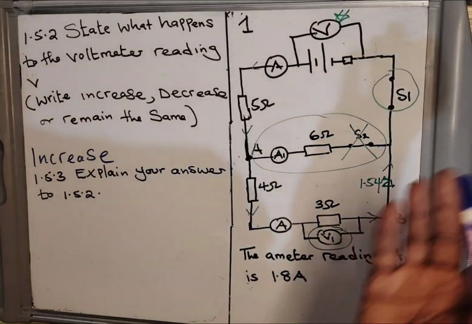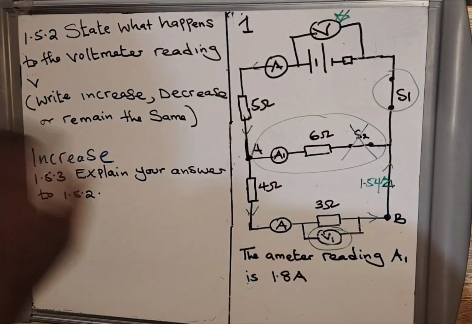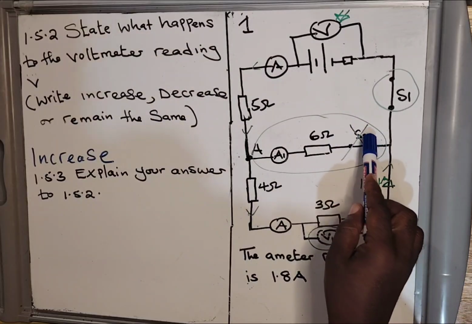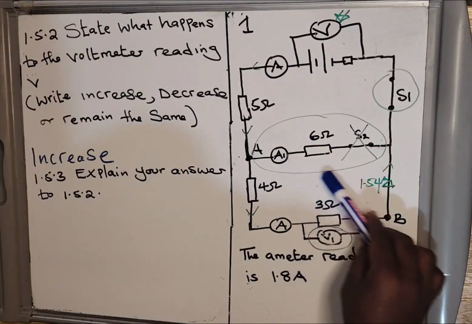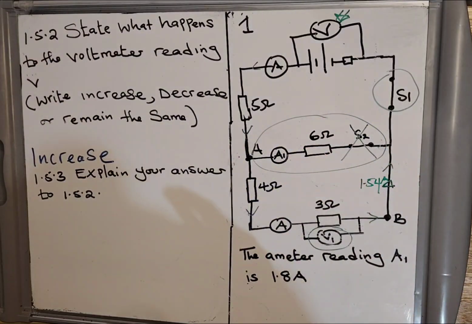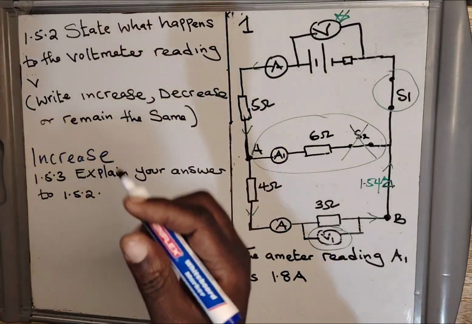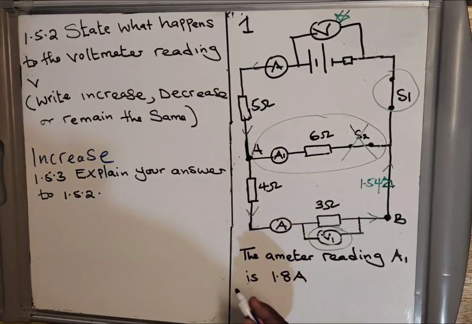In other words, explain why when the switch S2 is open, the voltmeter reading increases. So this one is done in steps, and for the candidates, I would want to warn you that this one has some good marks and you can fetch it. So what do you start with? You start with what happens to the total resistance.